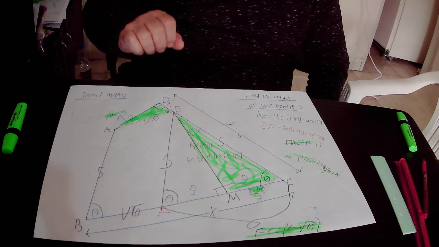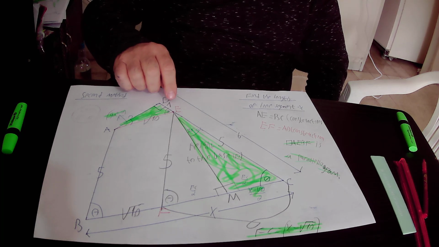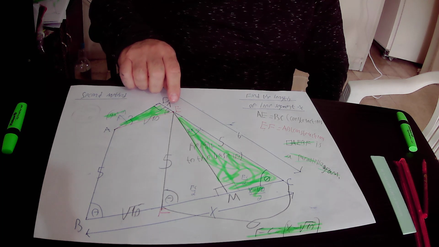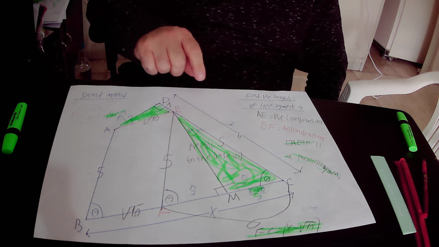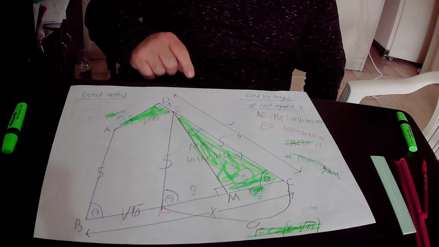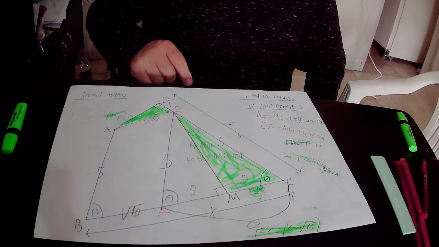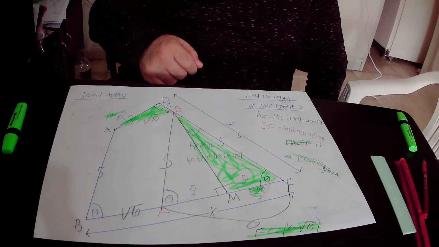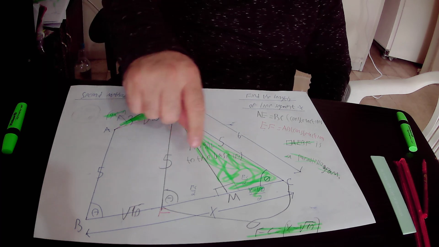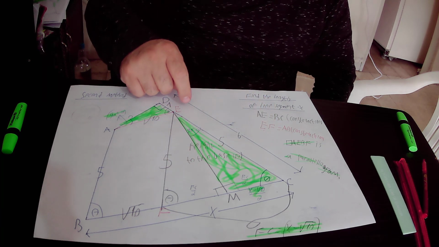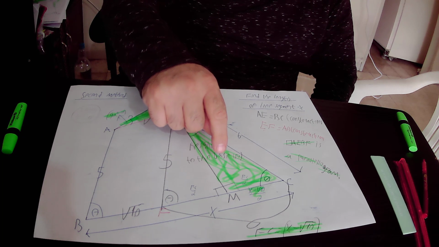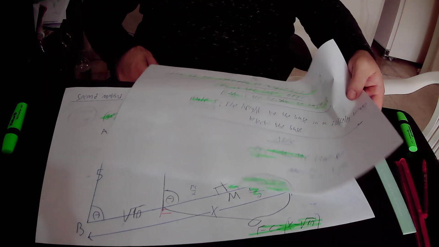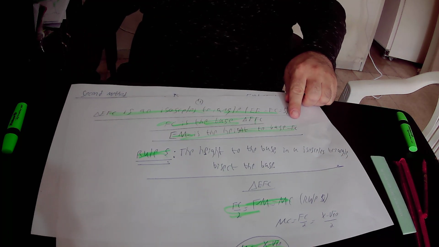Whenever you have a line segment that exists from the vertex of a triangle and touches another side perpendicularly, then that perpendicular is defined as the height to that side. In this case, EM is perpendicular to FC, therefore EM is the height to the base FC. So here we can write down that EM is the height to the base FC.